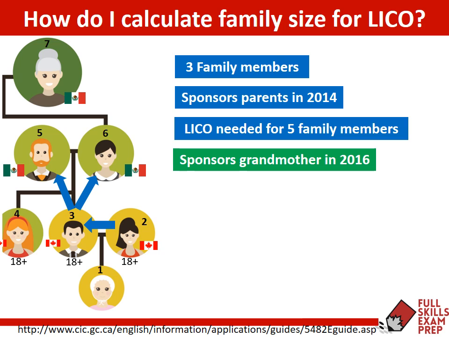So the wife was the co-sponsor, and he sponsored his parents, who are number 5 and 6. Now, before the parents were sponsored, they were 3 family members. They were number 1, 2, and 3. He sponsored his parents in 2014, so he would have had to prove LICO for 5 family members.